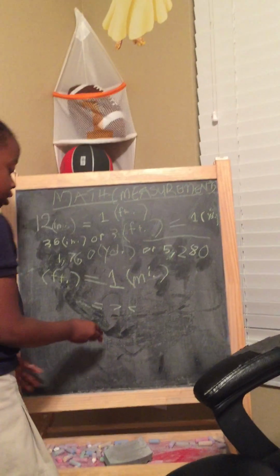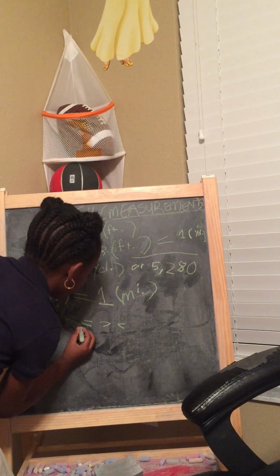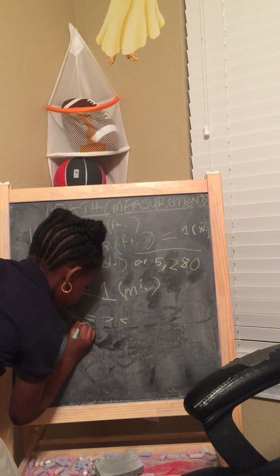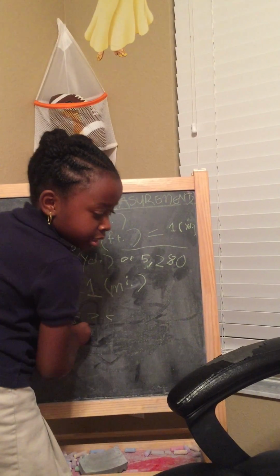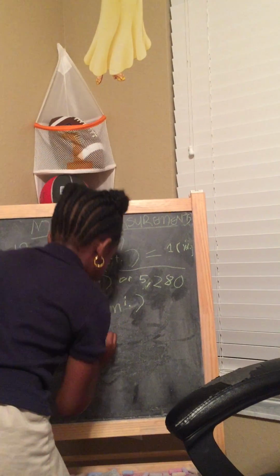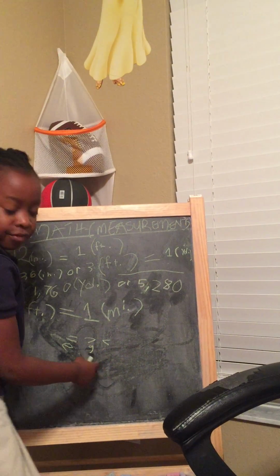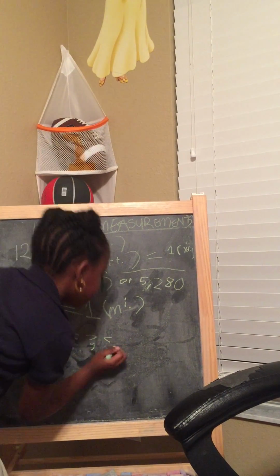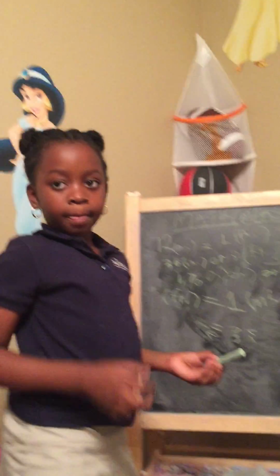Those are operations. This sign is the equal sign. This sign is the greater than sign. And this sign is the less than sign. What does it mean to be greater than and less than?